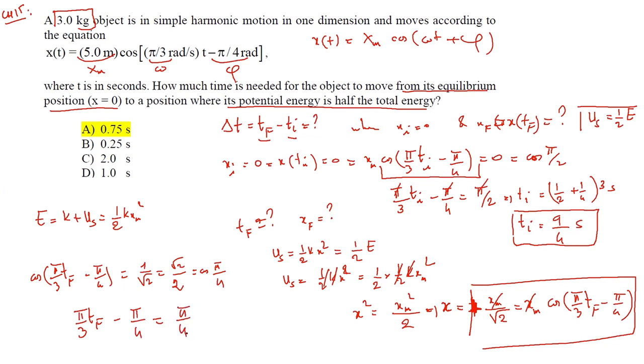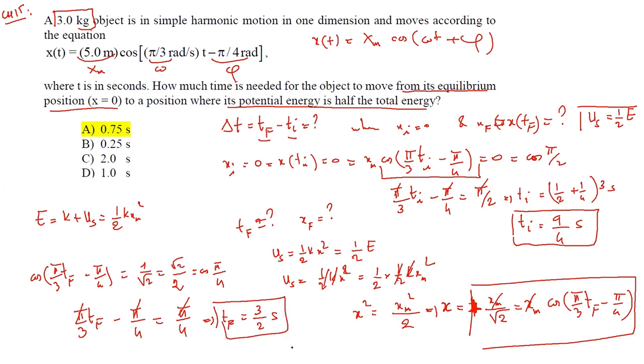Of course, I can do this modulo 2 pi, but here I'm looking at the smallest angle that will give it to me. I will simplify by pi, so I get what? t final is just 1/4 plus 1/4, basically 1/2 multiplied by 3, so it gives me 3/2 of a second.